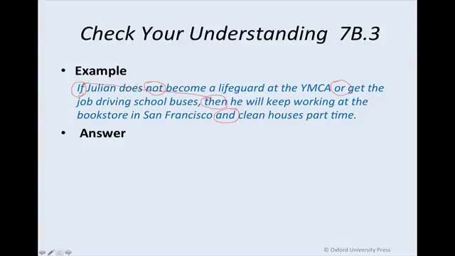The reason why I drew the line from the if to the then is because what is in between the if and the then is going to be on the left side of the horseshoe. That means that all of this stuff, there's a negation and a disjunction, is going to be on the left side of the horseshoe. I also can tell that this comma is going to play a role in what parts of the compound sentence go together to serve as a unit.